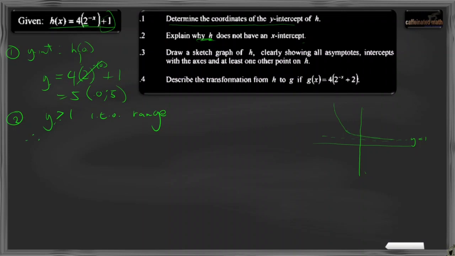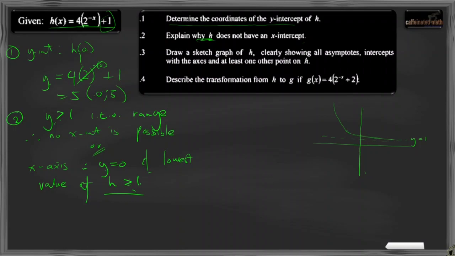Thusly, no x-intercept is possible. Or we could state that the x-axis is defined by y equal to 0 and the lowest value of h is greater than, not 0, it's greater than 1.